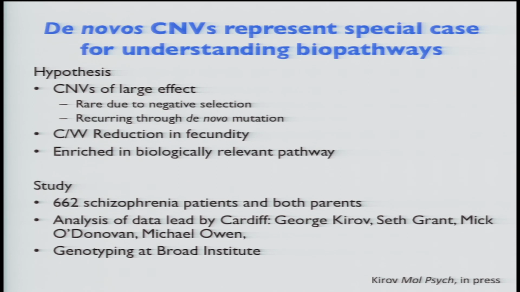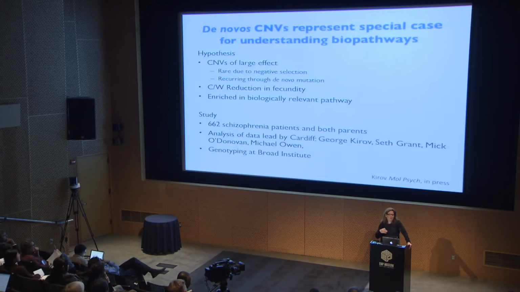Here we hypothesized that CNVs that are very large should be rare due to negative selection, and that the fact that they recur in the same places over and over again would be occurring through de novo mutation. These observations are, of course, consistent with the well-known reduction in fecundity, about half of what is found in normal individuals, in patients with schizophrenia.